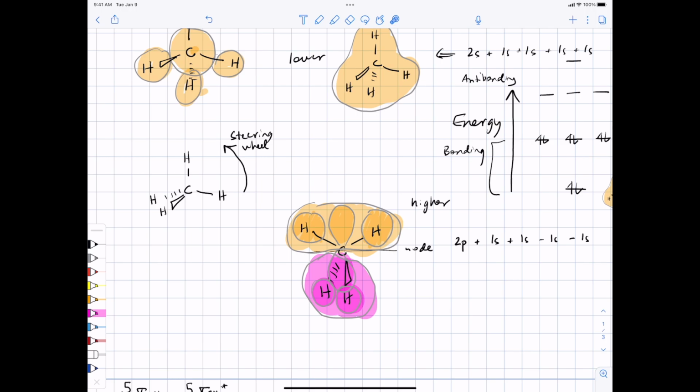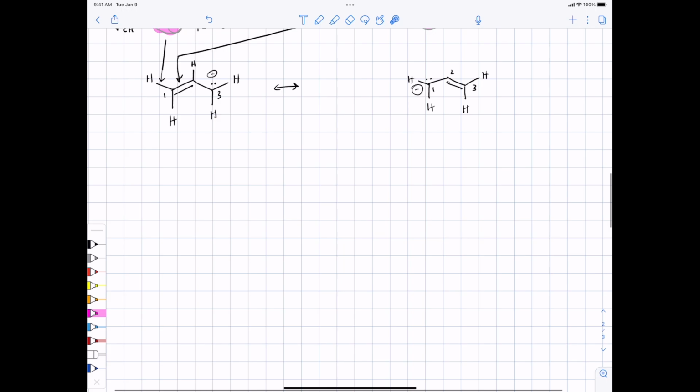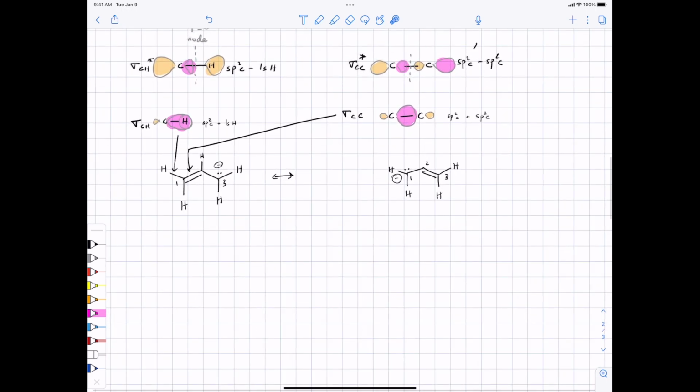The answer is that situation is boring, and so we won't worry about it. All right. Okay. So we've dealt with the sigma bonds. Now we need to deal with the pi bond and the lone pair.